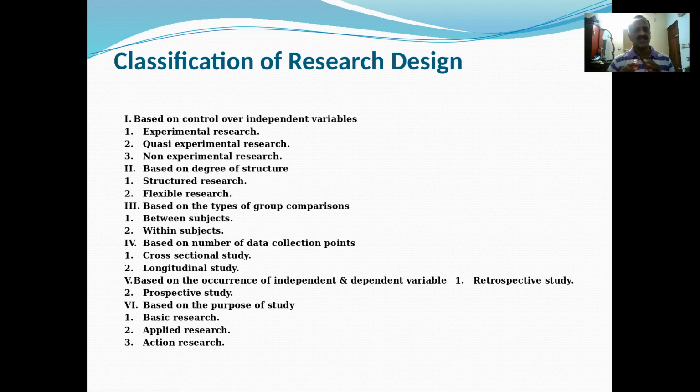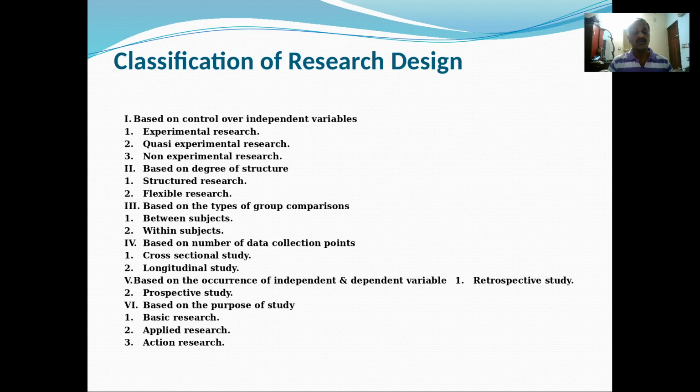Cross-sectional study, as the name indicates, is like when we take the cross-section of a plant, we see only one plane, one point. Similarly, a cross-sectional study is conducted at one point of time. We collect data and we stop. What is the present situation? We explain.